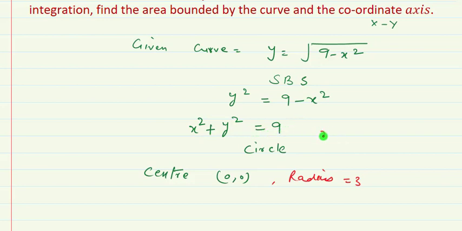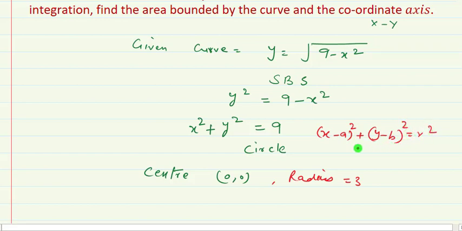Using the basic equation of a circle, (x minus a) whole square plus (y minus b) whole square is equal to r square, which we get from its definition. So a and b are 0, which is clear from here, and r is 3.